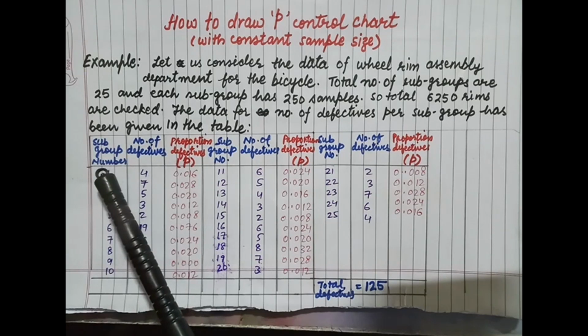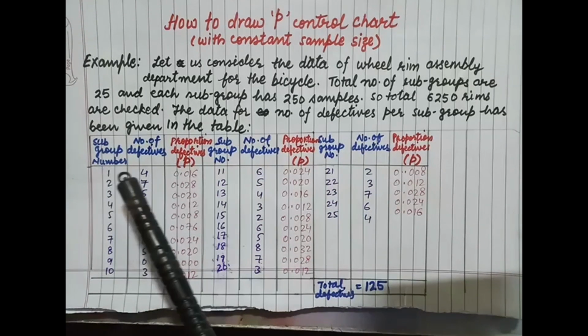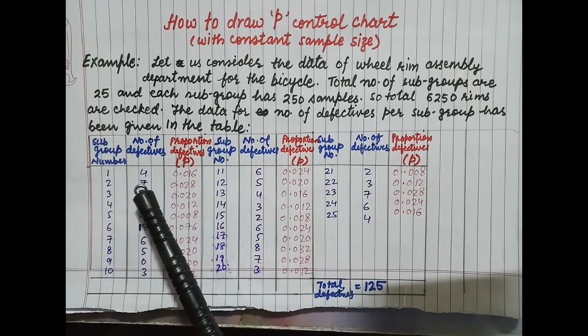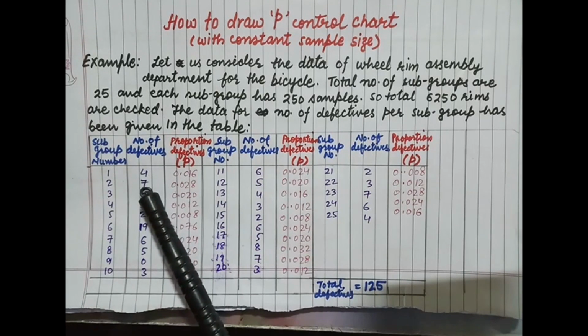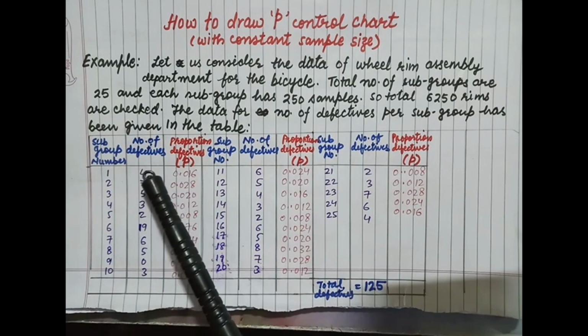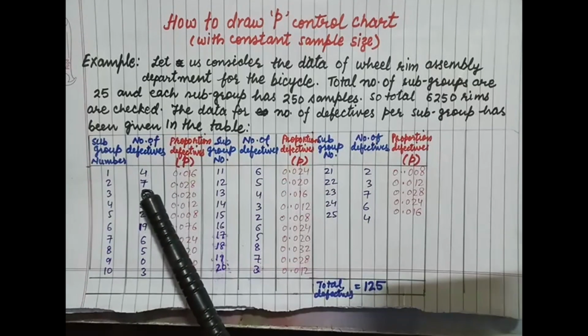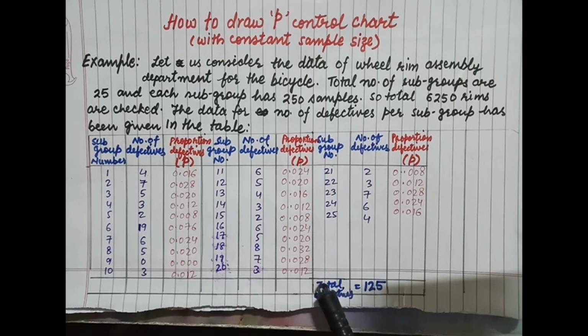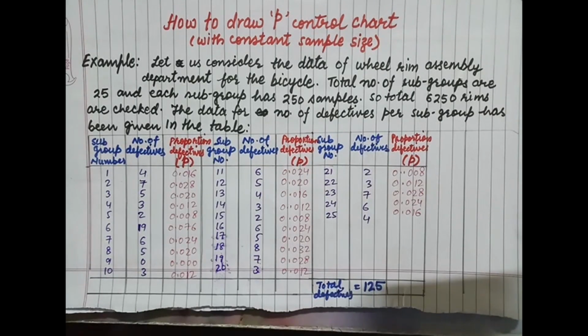Like in subgroup 1, the number of defectives found was 4, in the next it was 7. Out of 250, 4 were defective, 7 were defective, 5 were defective and so on. Here we can see the total number of defectives is 125, the sum of these values written in blue.